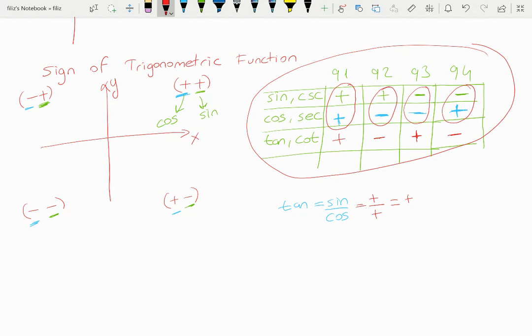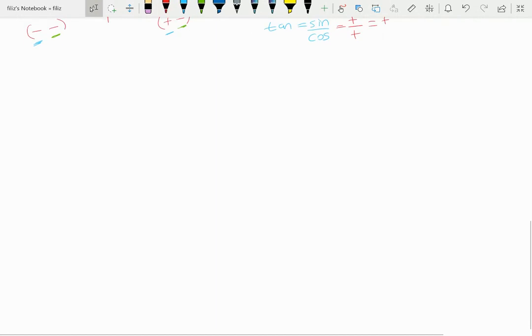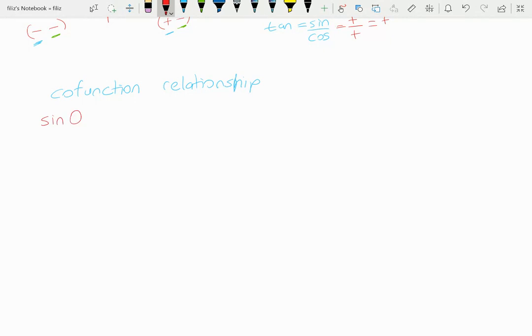Okay, one more term: cofunction relationship. If we know sine of theta, we will know cosine of 90 minus theta.